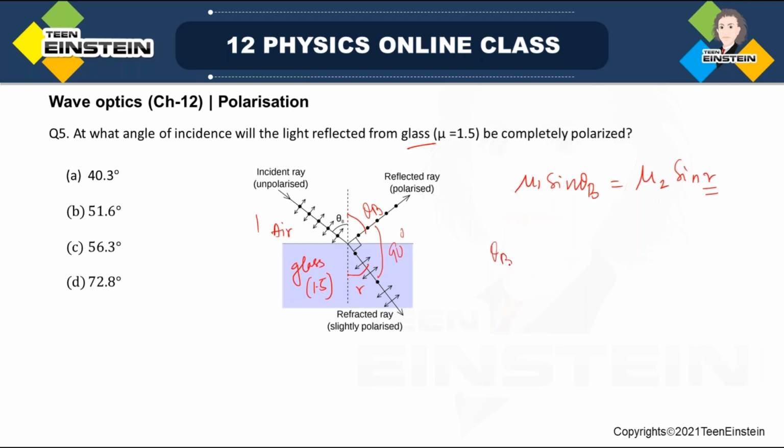So theta B plus 90 degree plus r, this will actually be 180 degree, right?